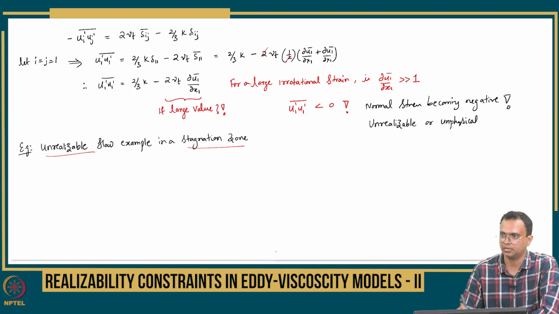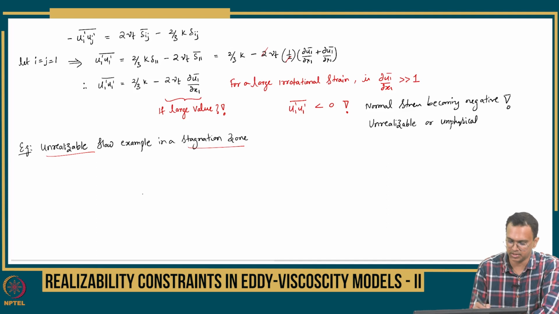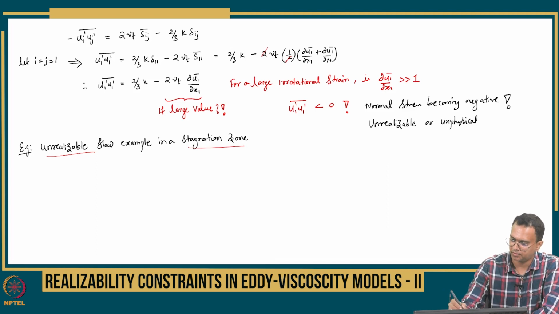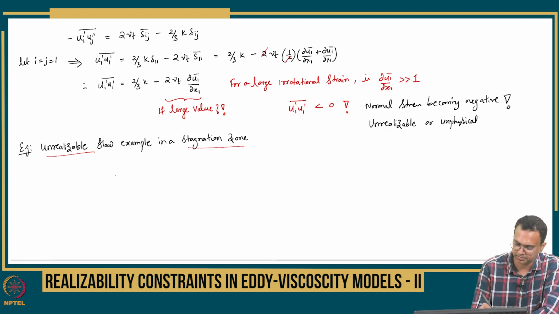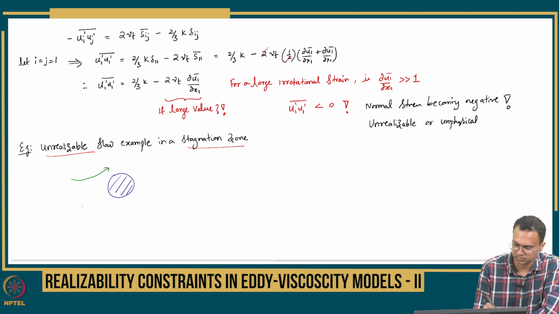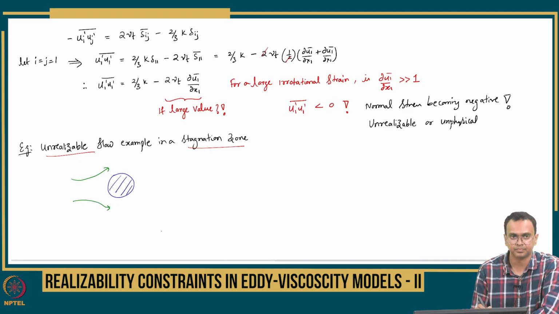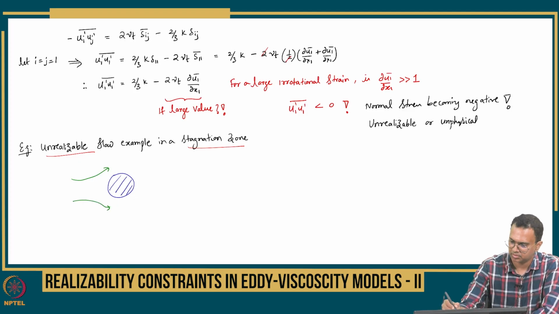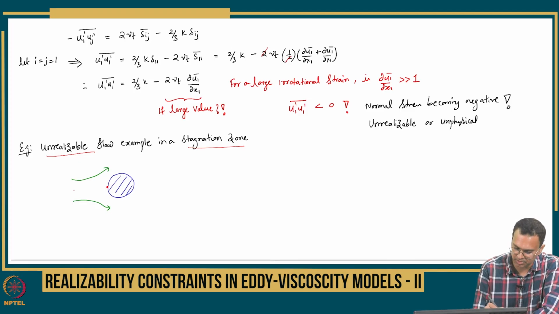So this kind of flow you would have seen or will encounter: let us say you have a flow over a bluff body, and then you have flow over it. So this is your stagnation zone, the stagnation point here.